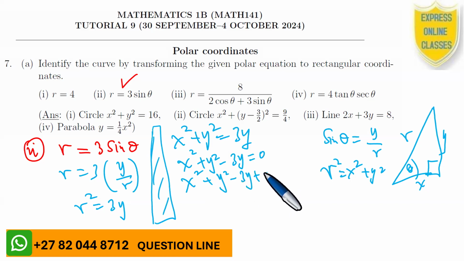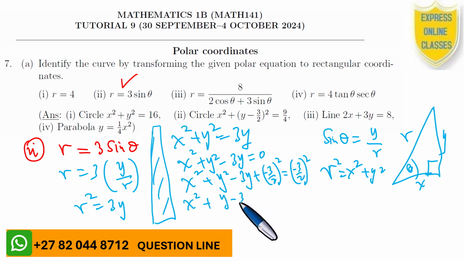We take the coefficient of y, which is negative 3, we divide it by 2 and we square. We do it on the right-hand side as well, which is y minus 3 over 2. We square it, and the negative 3 over 2 squared becomes 9 over 4.